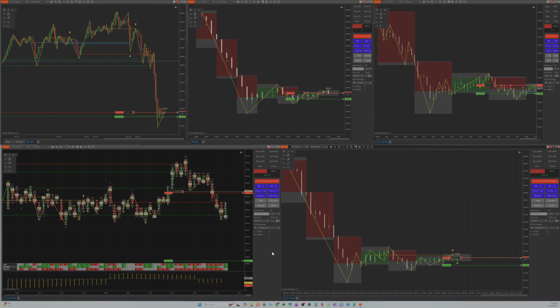Oh, we might get stuck. We might get taken out here, but it's very choppy in this zone, so that's totally to be expected. Oh, and now we've got a signal over there on the 10-minute, a signal long.